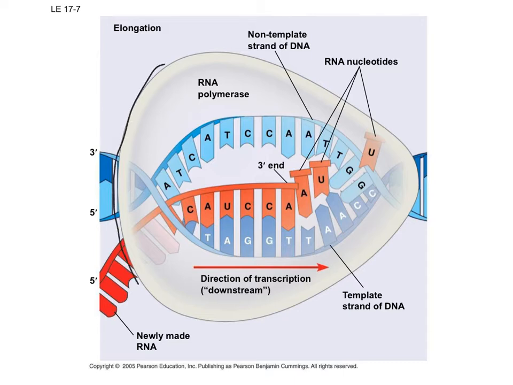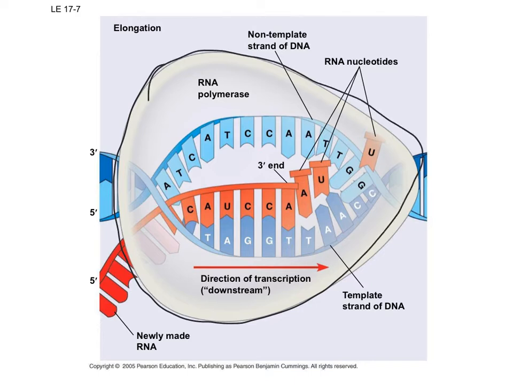This gray ball here, this is the RNA polymerase. Okay, so this is a large protein. It's going to be moving from left to right, and it's going to be on what's called the template strand of DNA. So DNA is getting what's called unzipped.